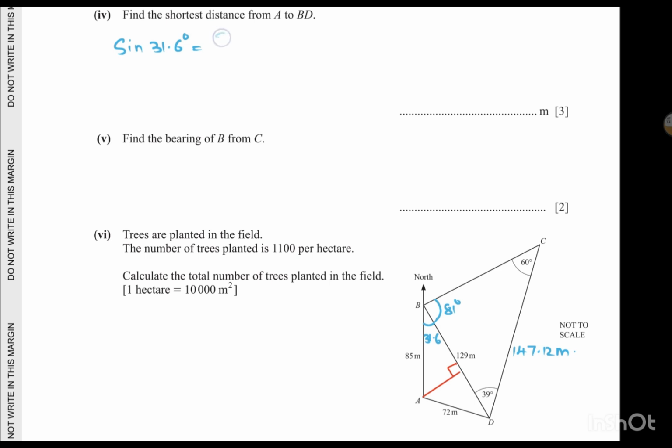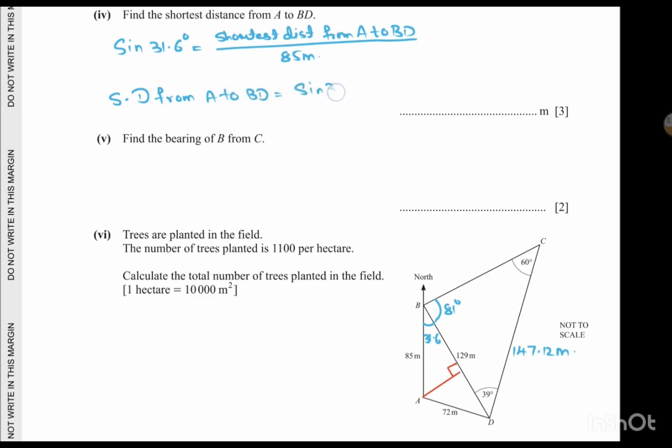So opposite side is the shortest distance. So let me write like this only: shortest distance from A to BD by opposite by hypotenuse is 85 meters. So the shortest distance from A to BD will be sine 31.6 multiplied by 85 meters.